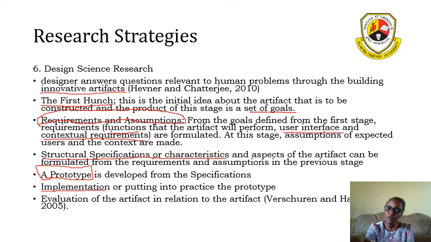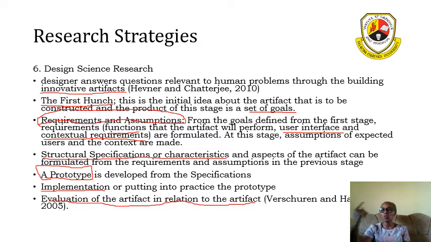When you come up with your prototype, you evaluate it. When you implement it, you evaluate as well. Then at the end, you report your overall evaluation, which is basically coming back to, does your artifact answer the initial goals you set out to do?